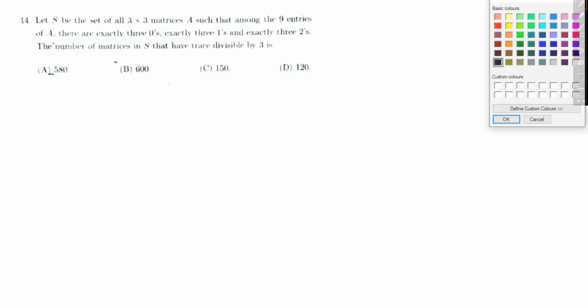So before we get into the same, let us first try and understand what trace is. Let me just give you a definition. The trace of a matrix is the sum of the elements in diagonal.